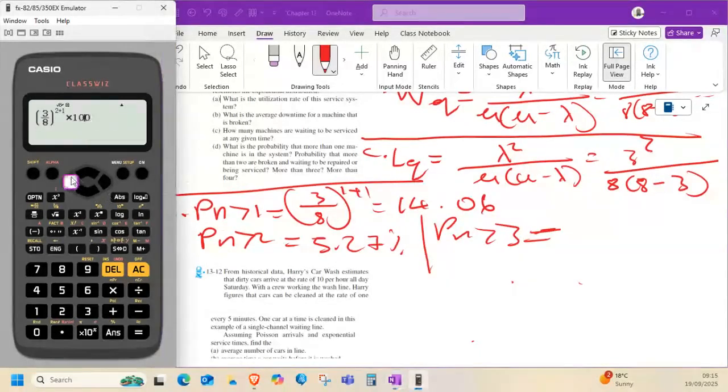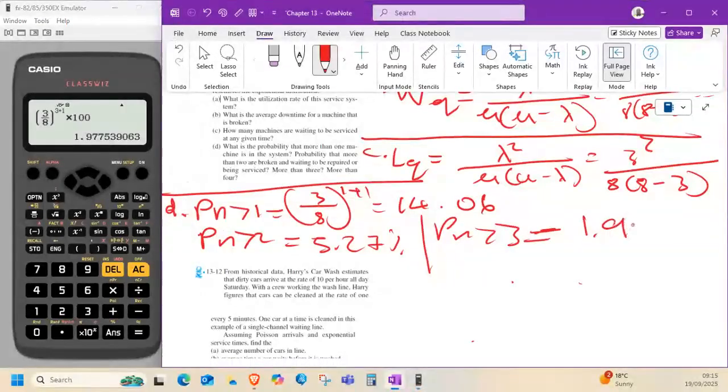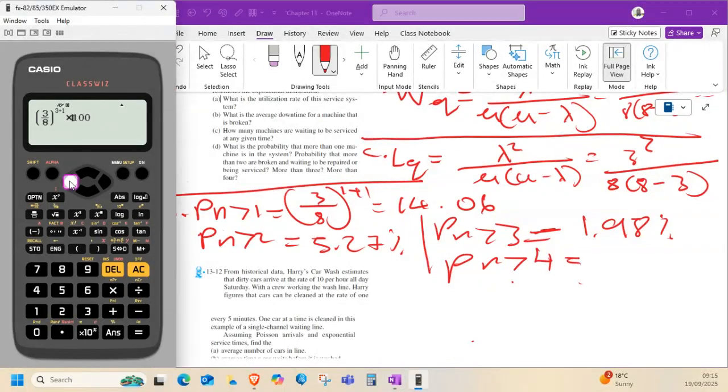Then this one, it's a 3. 1.98%. P(N > 4), you go to the same.